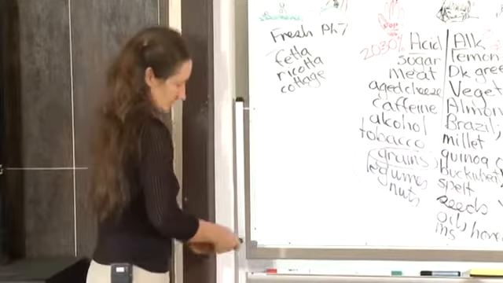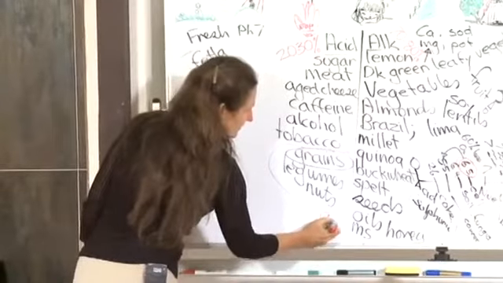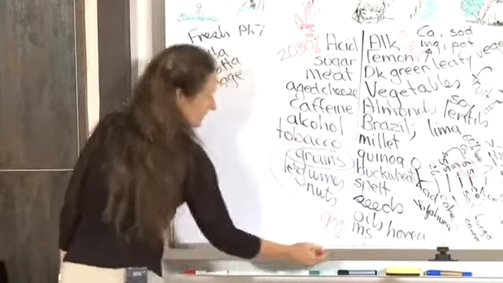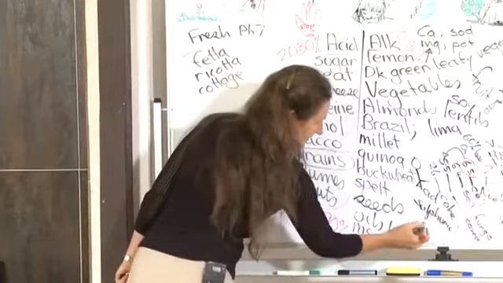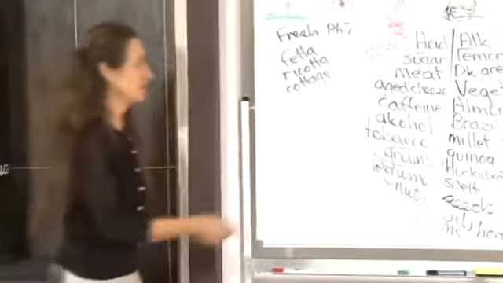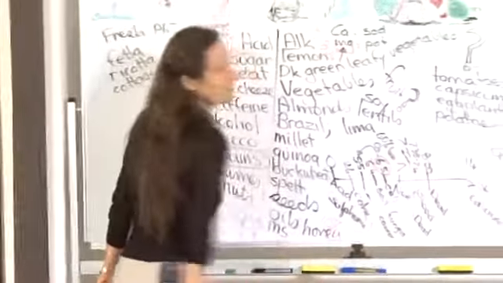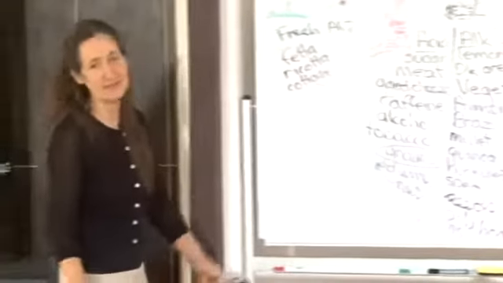What would most Aussies' ratio be? 90%? 10%? One of the easiest ways to shift the ratio is to increase the vegetables. Increase the dark, green, leafy vegetables. That's an easy way to do it.